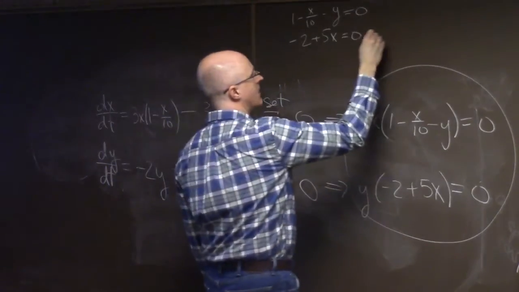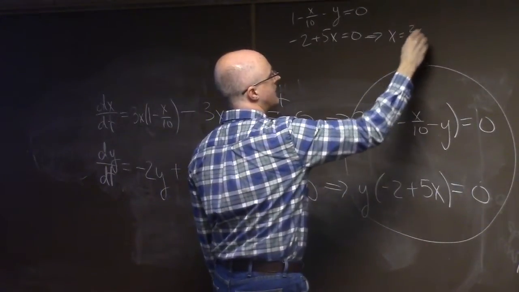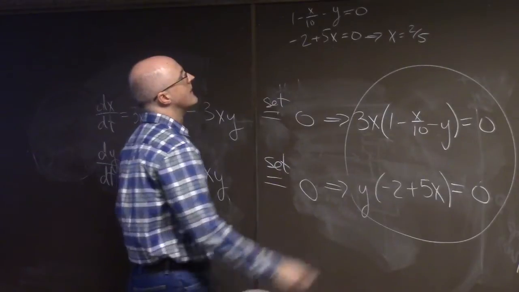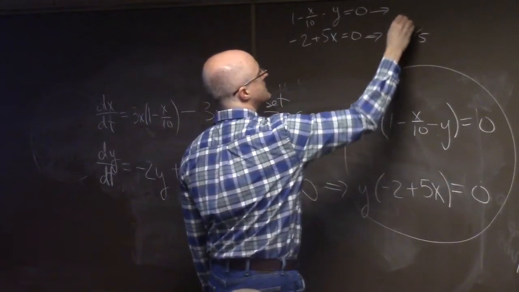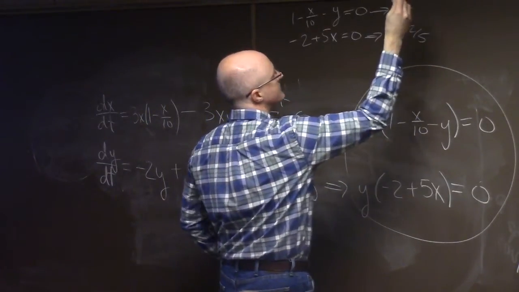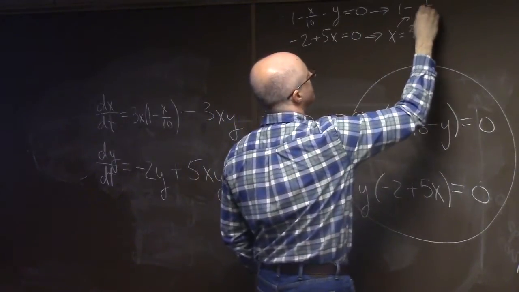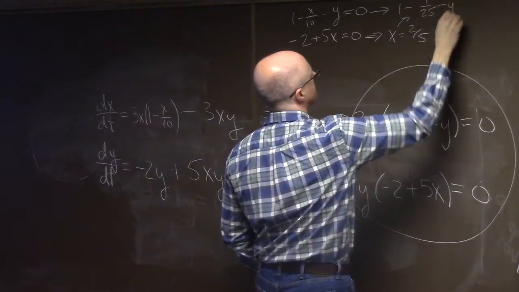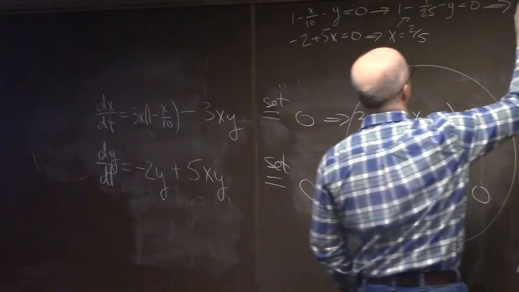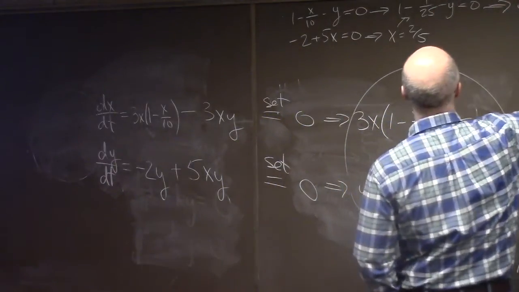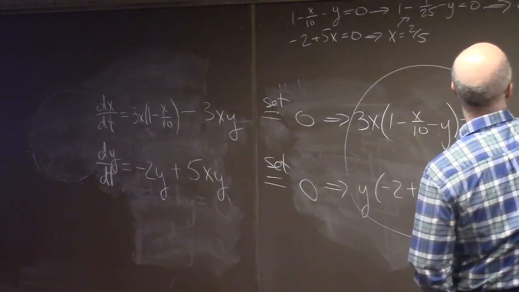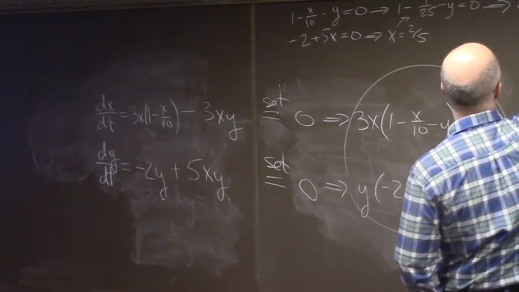This equation is solved by letting x equal 2/5. Plug that into the first equation. You're going to get 1 minus 2/5 over 10 is going to be 2 over 50, or 1 over 25. Y is going to be, put it on the other side, 1 minus 1 over 25, 24 over 25.